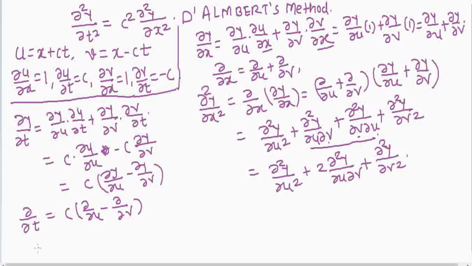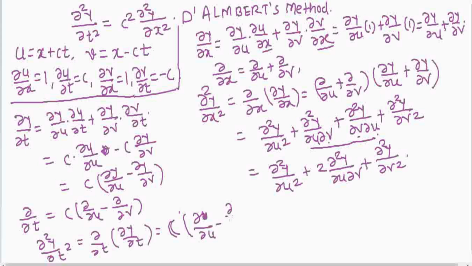Then del 2y divided by del t square equal to del by del t of del y by del t, equal to c into del divided by del u minus del divided by del v into c into del y divided by del u minus c into del y divided by del v.